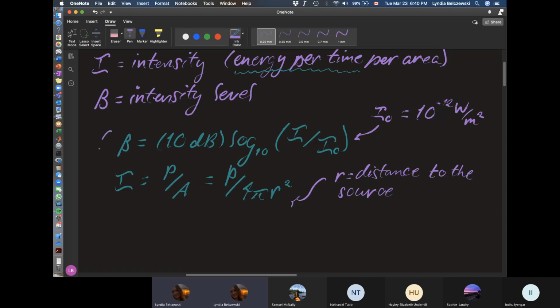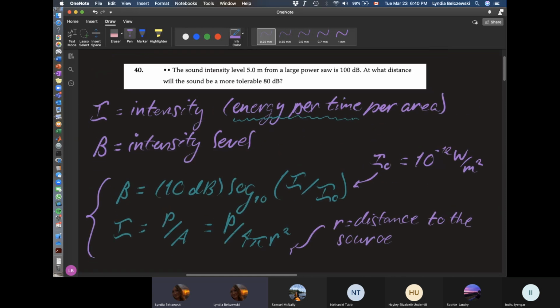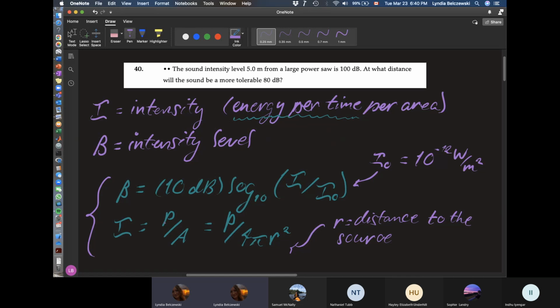So these are the two main equations that we'll use to tackle this question. And so what it's saying is that if you are 5 meters away from the power saw, the intensity level that you hear is 100 decibels.